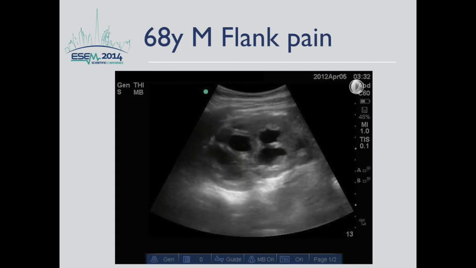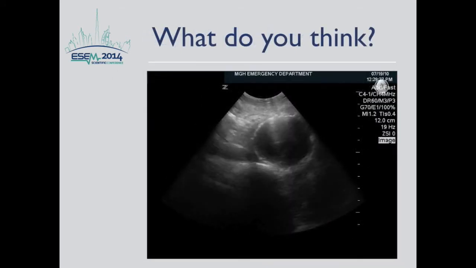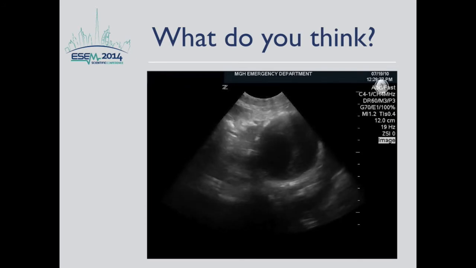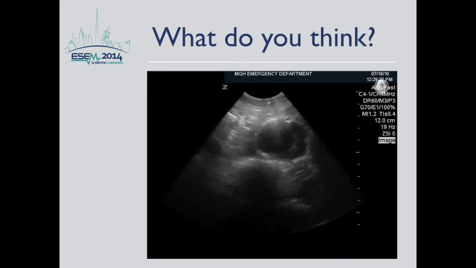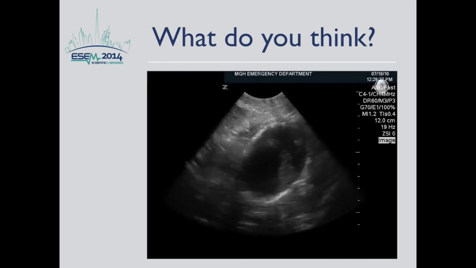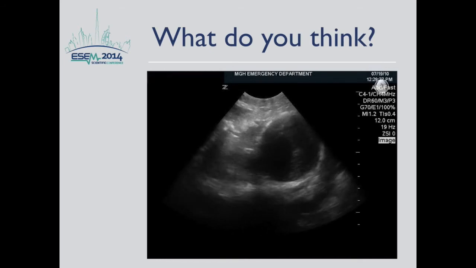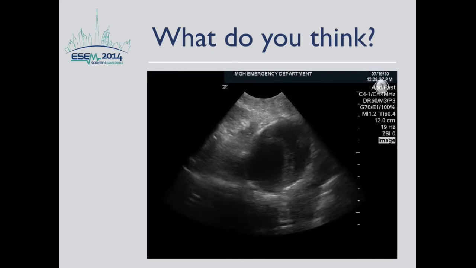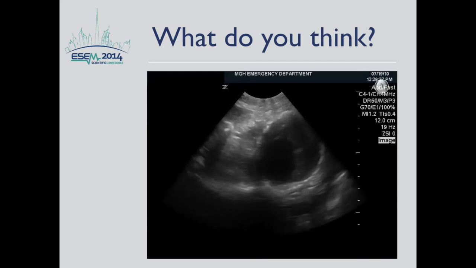Because of the hydronephrosis, the abdominal aorta was examined, and this was demonstrated. So this scan shows a large abdominal aortic aneurysm. So remember, a male 65 years or older presenting with flank pain, always think of and rule out abdominal aortic aneurysm.